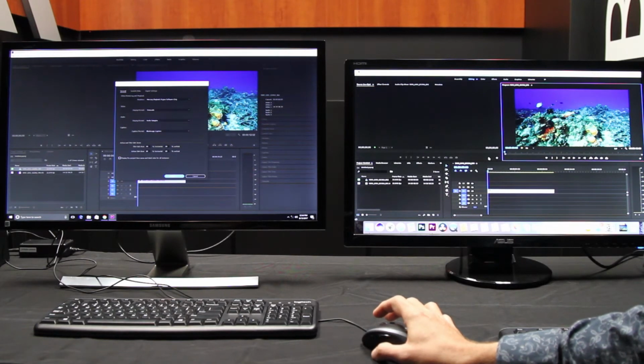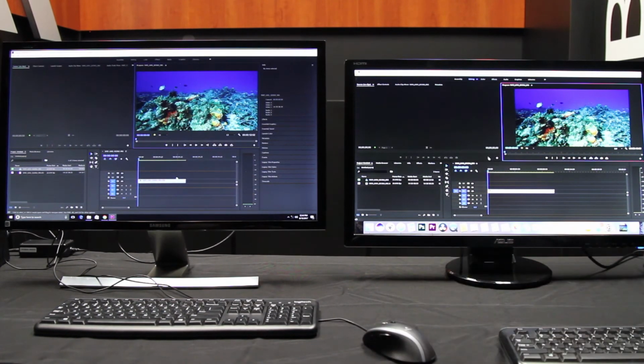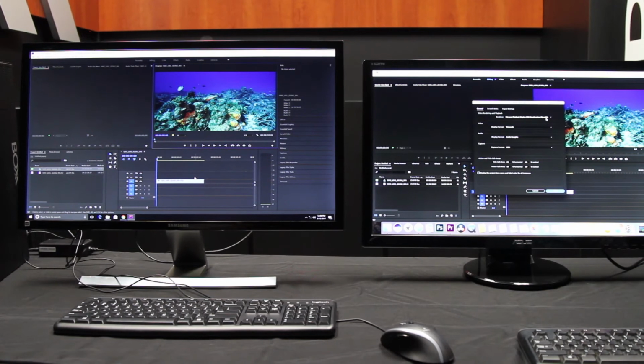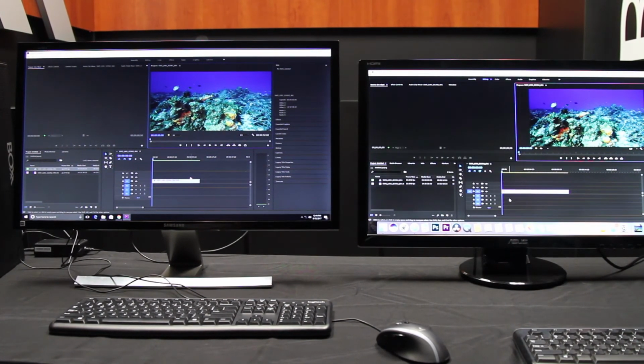So let's see a comparison side by side. I've got my BOXX APEXX 4 set up to software only on this red clip. And over on the Mac, I'm going to give it the OpenCL acceleration. So this is CPU versus GPU on these two systems.